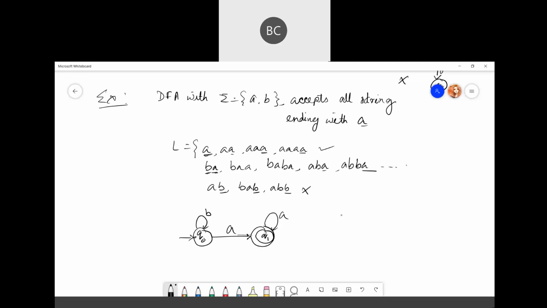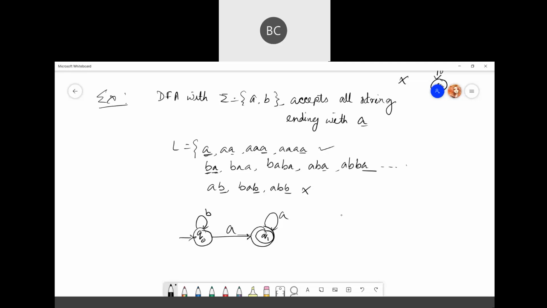So it will be also accepted: 1B, 2 times B, 3 times, 4 times, 100 times B. Then at last read A and reach final state. Okay, then again there can be like hundreds of A's after that. So 100 times B, A, 100 times A. This one is also accepted.